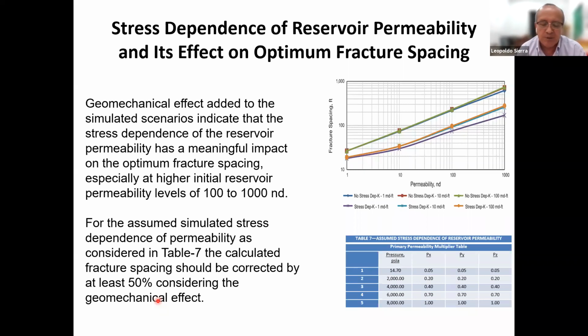It means, for example, if my ideal fracture spacing for a gas producer reservoir is 100 feet, considering the stress effect on the reservoir permeability, we need to apply the 50% correction. That means our calculated fracture spacing needs to be 50 feet instead of 100 feet.